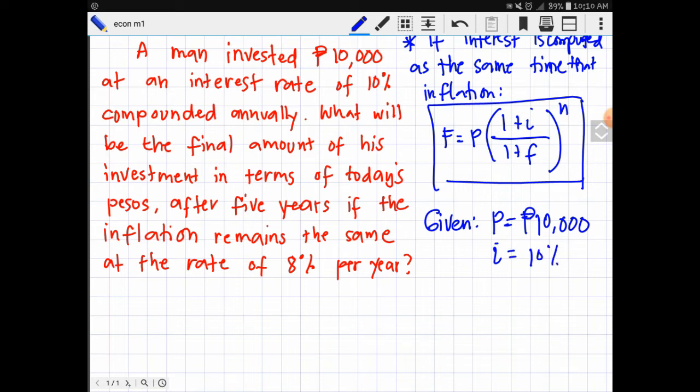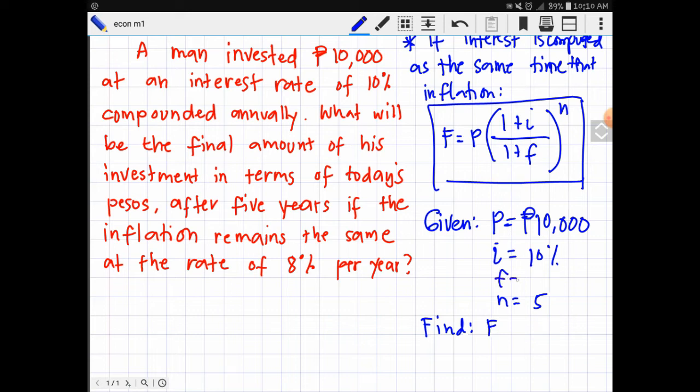And what will be the final amount? That is what we are looking for. Find the F of this investment in terms of today's pesos after 5 years. So we have N equal to 5, if the inflation remains the same at the rate of 8%.